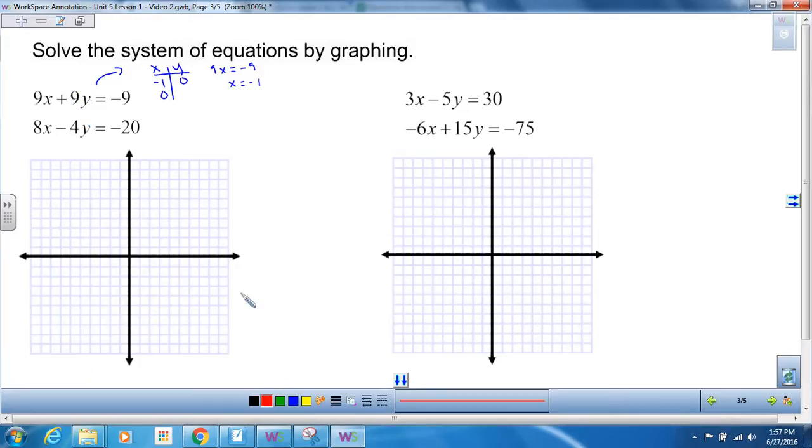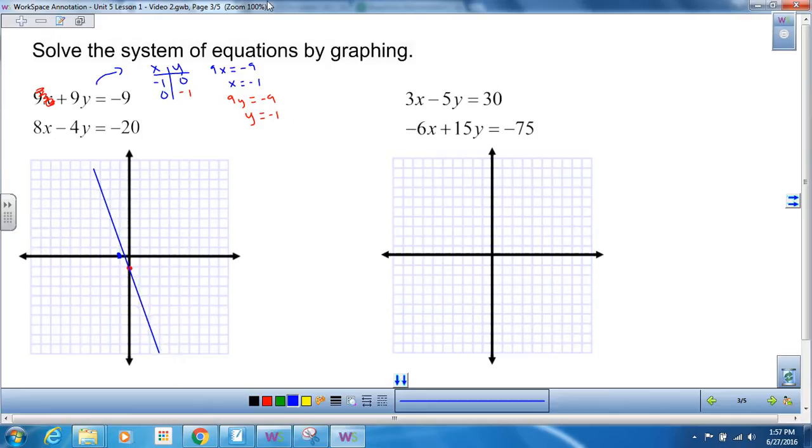And then for my y-intercept, cover up the x. So same thing, 9y equals negative 9, so y is also negative 1. Okay, so your x-intercept is negative 1, 0. Your y-intercept is 0, negative 1. And then we'll draw a line through those.